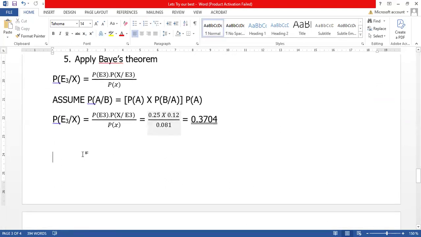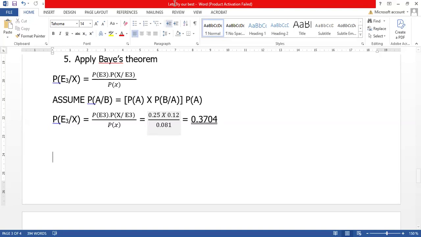You can also use the probability decision tree. Do you want me to talk about a decision tree? Or we just move on?